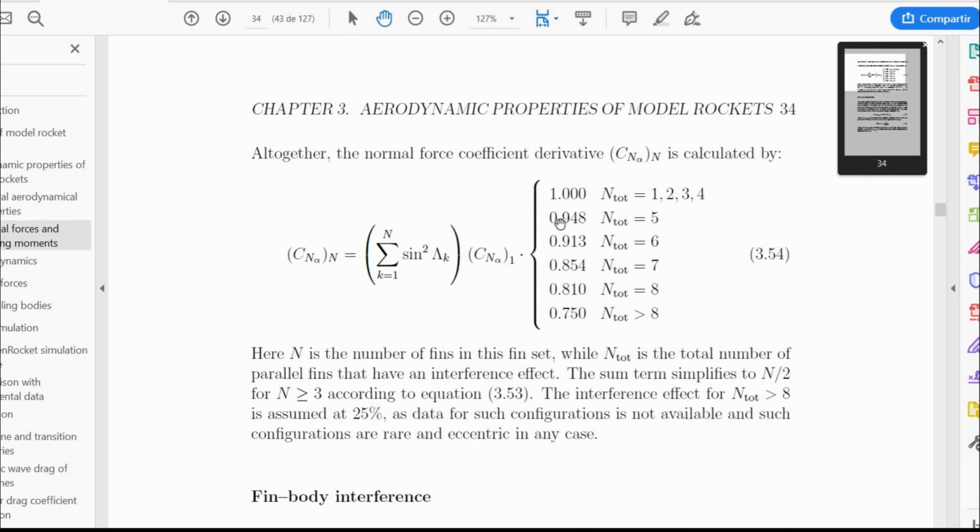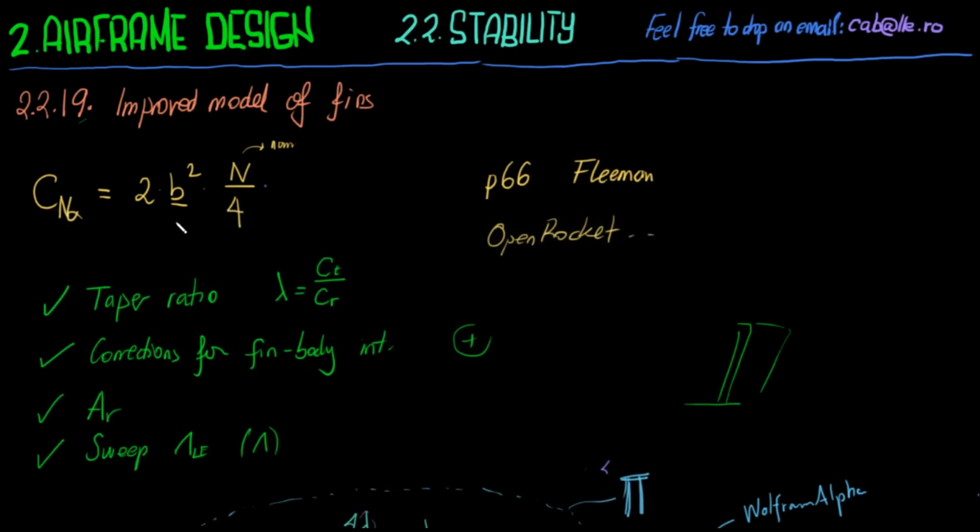So remember that it's interesting to add more than 4 fins because the induced roll is going to be way lower for 6 or 8 fins. But it isn't proportional to lift.